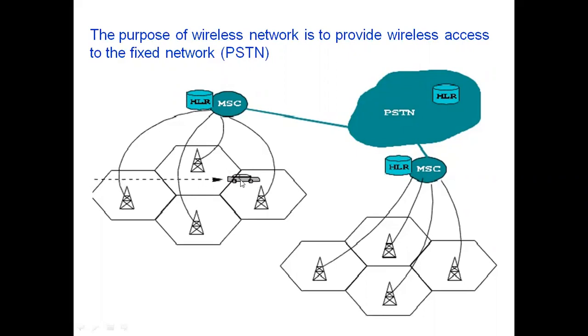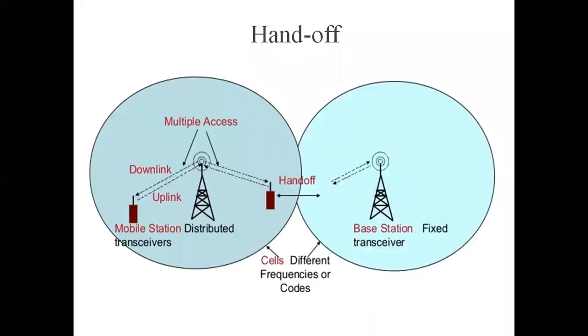We can term this as subscriber one. The subscriber or the user is now moving from one cell to another cell, and will obviously experience handoff. In cellular communications, handoff is the process of transferring an active call or data session from one cell in a cellular network, or from one channel to another.